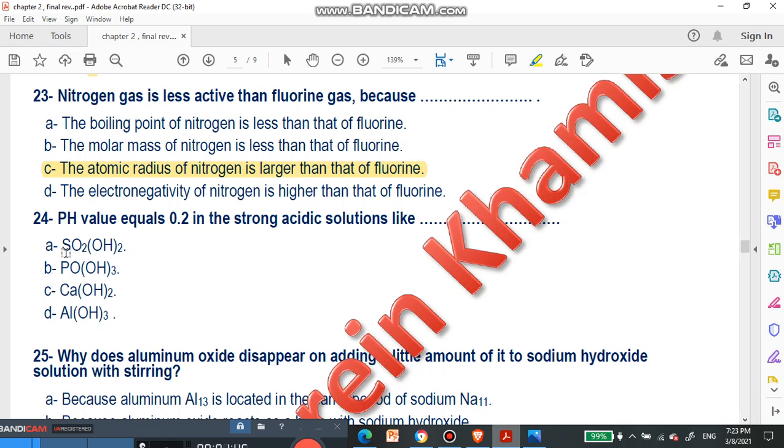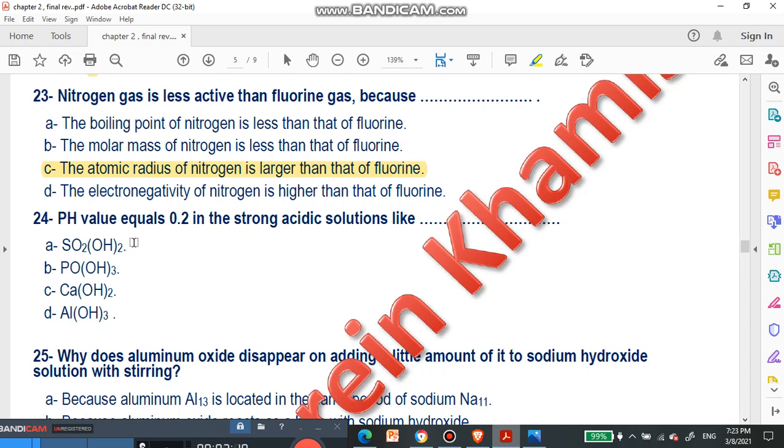Without completing, here we have oxygen not connected to what? Not connected to H positive ion, or the hydrogen atoms that we take as positive ions. So here we have SO2(OH)2.